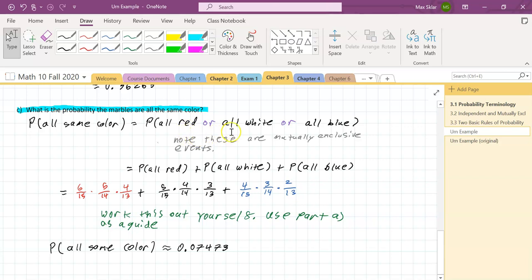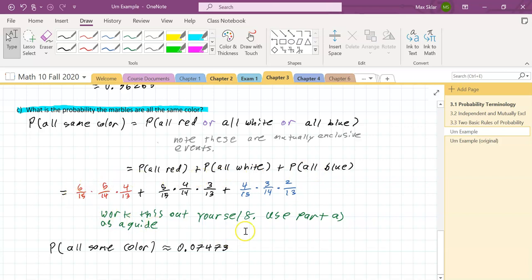So that means that these events are mutually exclusive, which means that we can find the probability of all red, or all white, or all blue by adding the probability of all red to the probability of all white to the probability of all blue.